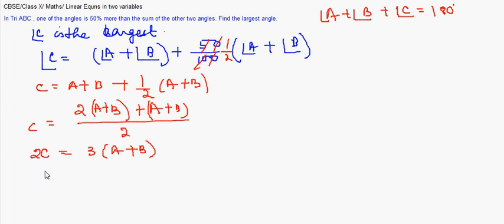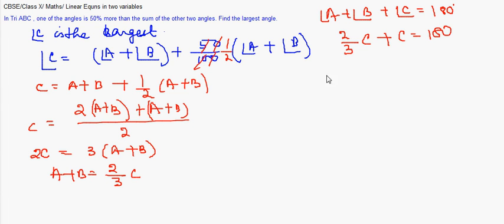So C will be, now A plus B can also be written as 2 by 3 C. Okay, now let me just substitute this A plus B as 2 by 3 C.